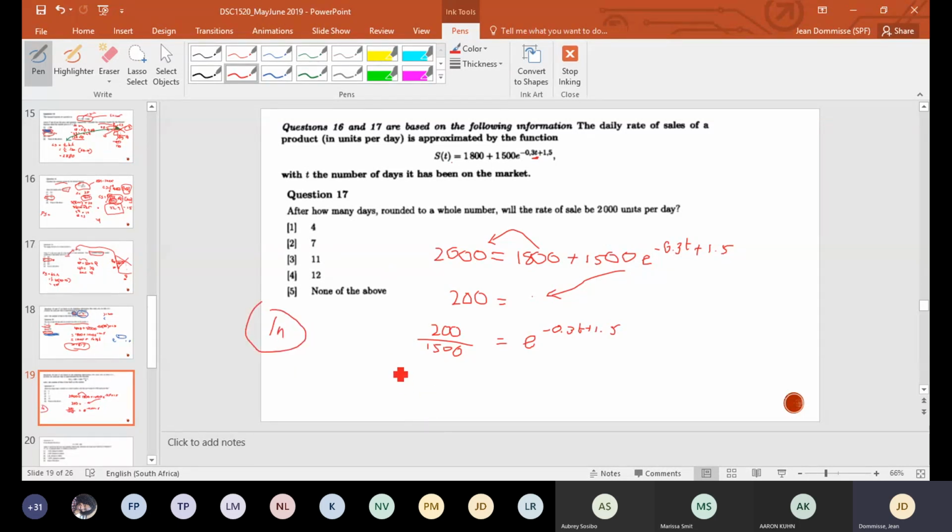Wait, now I must just check. And that again shows how quickly one can make a mistake.